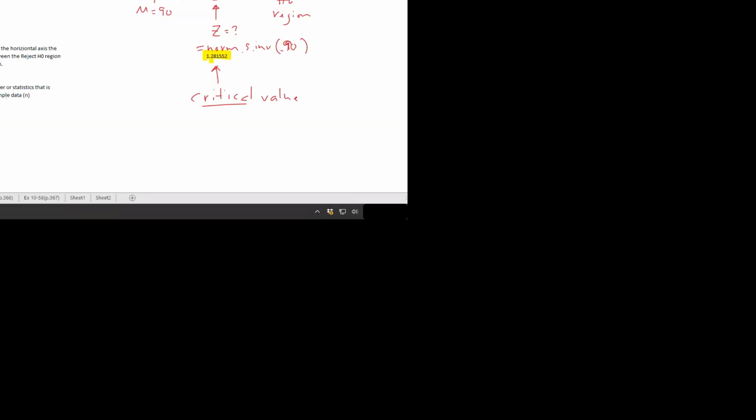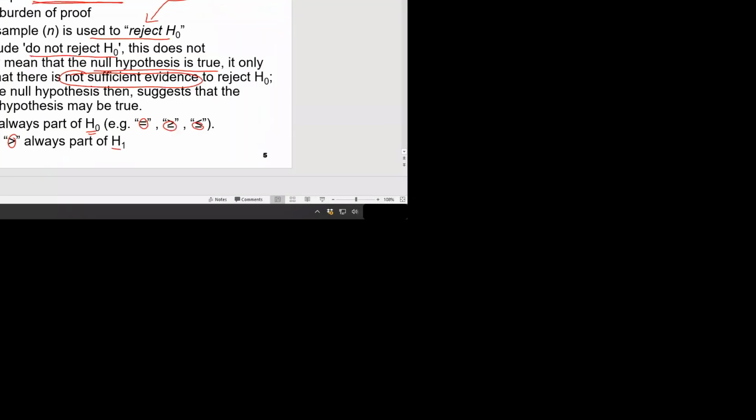All right, so let's go back to this slide here. We have this hypothesis, and this line says reject H0 if. This is what we call the decision rule: when you will reject the null hypothesis.